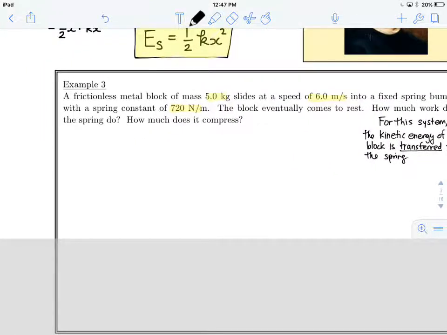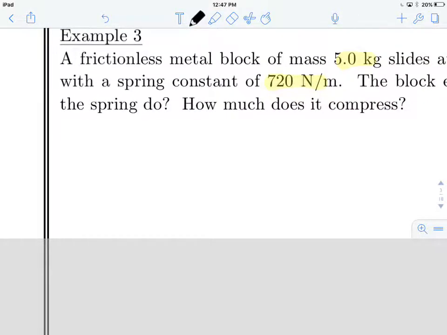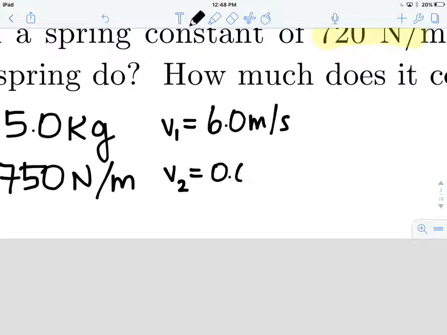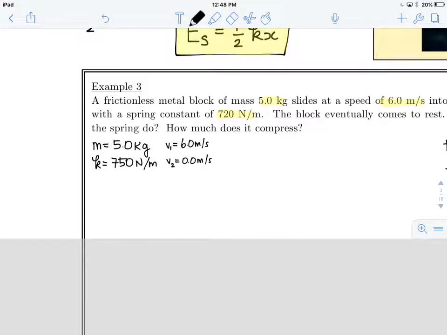So let's talk about what we have. We know the mass of the block is 5.0 kilograms. We know the spring constant is 750 newtons per meter. We know the initial velocity of the block is 6.0 meters per second, and we know the final velocity is 0.0 meters per second because it comes to rest.